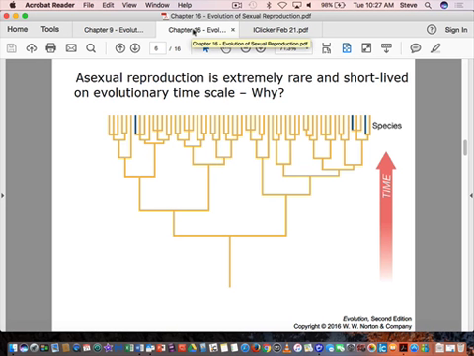So this suggests that how many populations or species of asexually reproducing groups are there? 3. Is there much of a history of asexual reproduction deep in the tree? No. So basically what it's saying is these 3 asexual populations or species have arisen independently, and they're relatively rare. And why do we say they're short-lived?